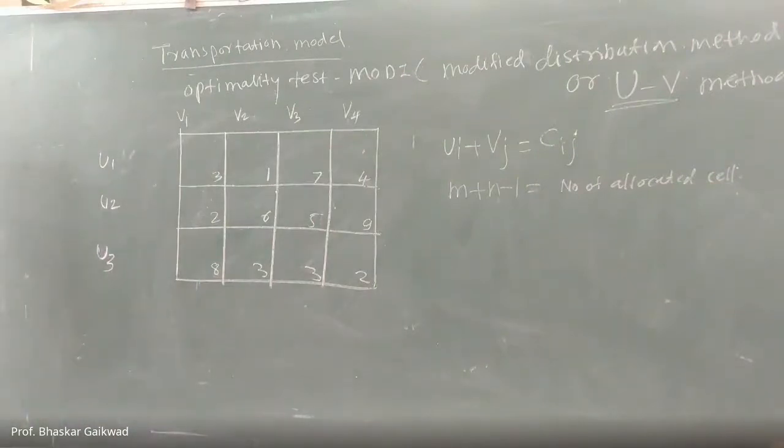Now, how to decide the number of allocated cells? By using the northwest corner method. In the northwest corner method, which values have we got? Already we have solved this problem.